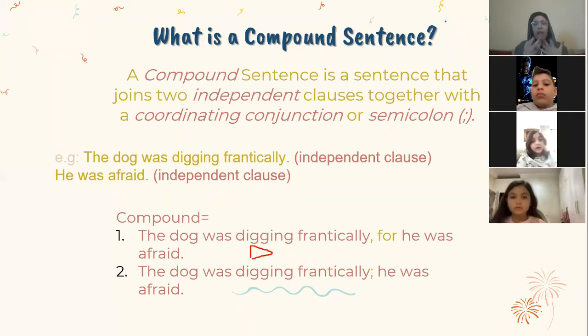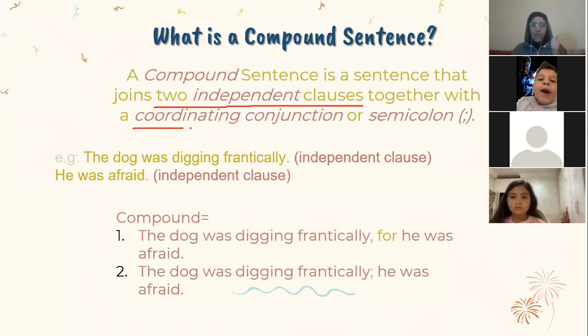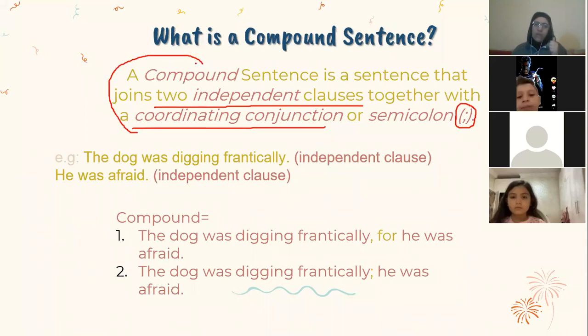But when I have two independent clauses connected together with a coordinating conjunction or a semicolon, then I will have a compound sentence. Again, I repeat, when I have two independent clauses connected together, I will have a compound sentence.